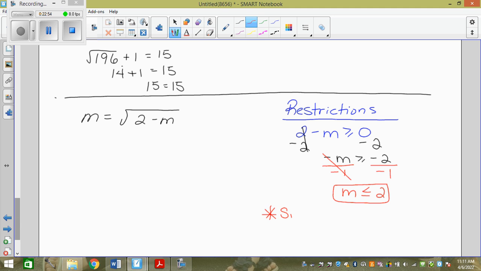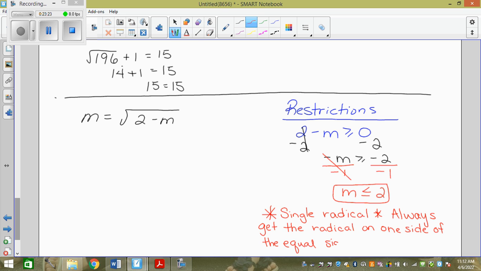So, single radical, always get the radical on one side of the equal sign and everything else on the other side.